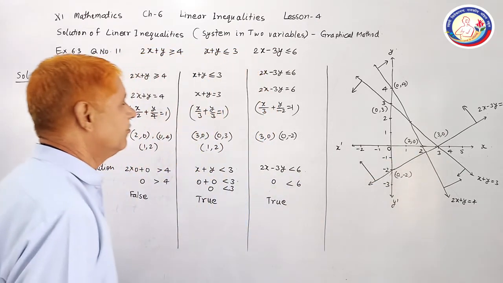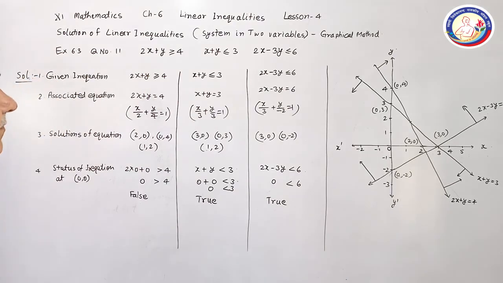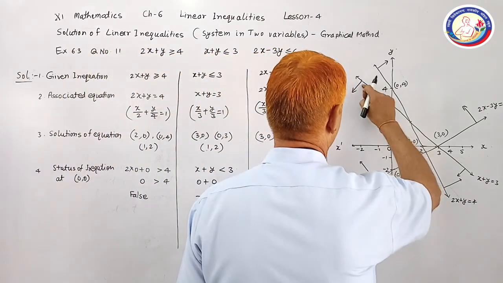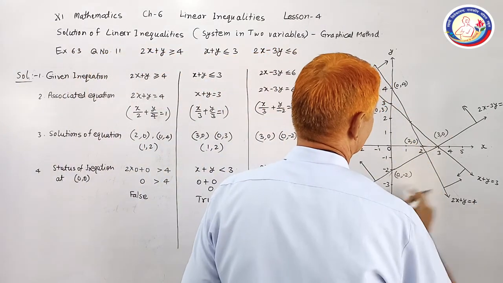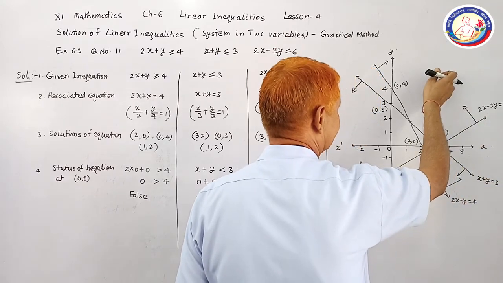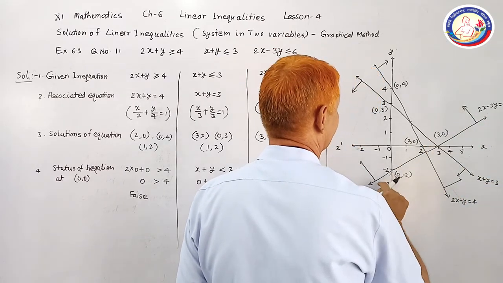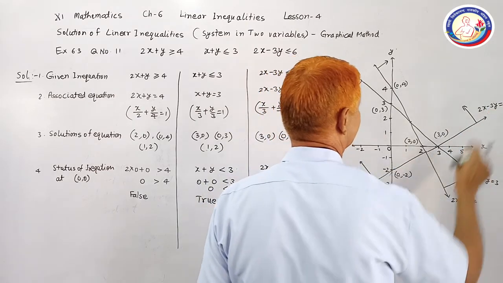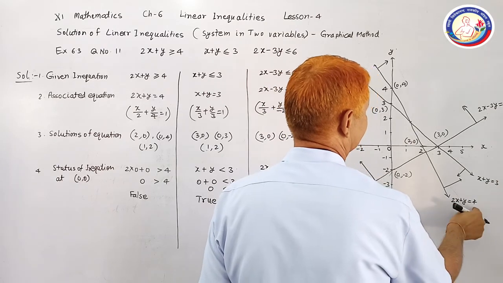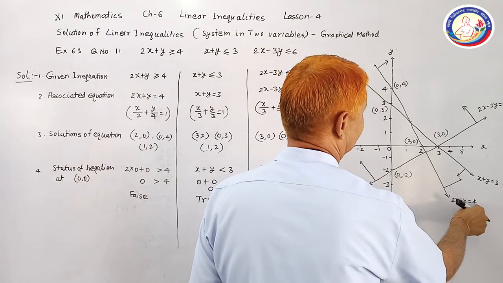Now we have to find the solution of these three inequalities. So the region will be the common area. This lower part for the line x plus y equal to 3, the upper half for the line 2x minus 3y equal to 6, and the upper half plane for 2x plus y equal to 4.